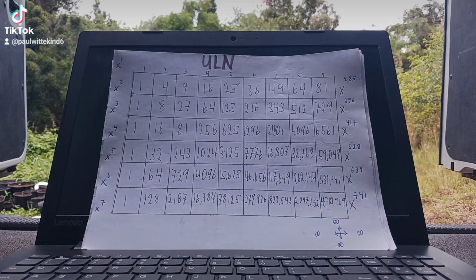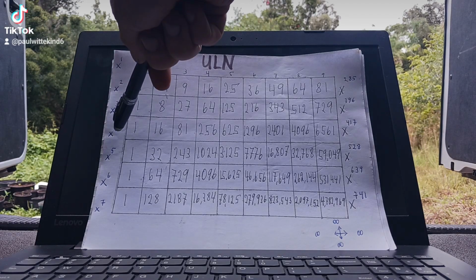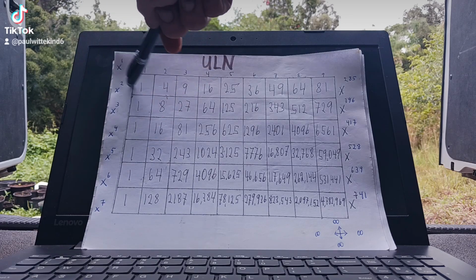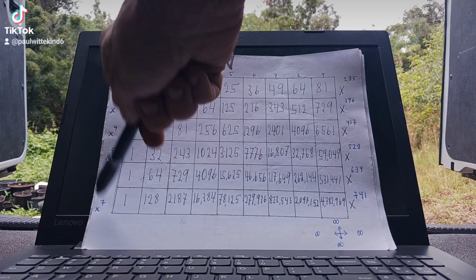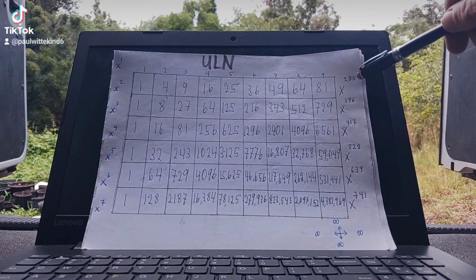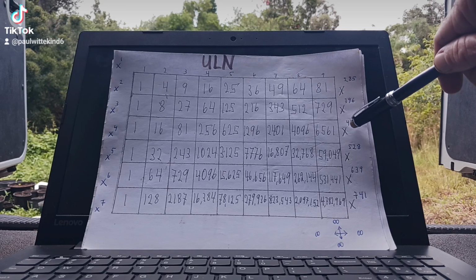To the left and to the right, same numbers. But we like to look at them sometimes like this. It's x to the first, 1, 2, 3, 4, 5, 6, 7, 8, 9, which is the 369 code, squared, third, fourth, fifth, sixth, seventh, 8th, 9th, 10th, 11th, 12th, 13th.